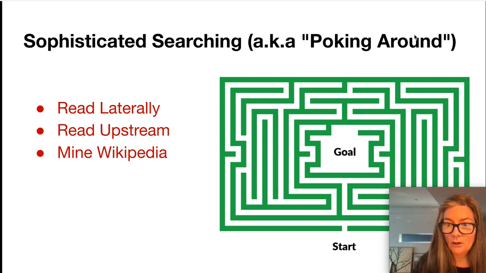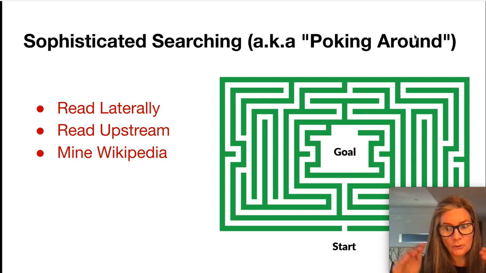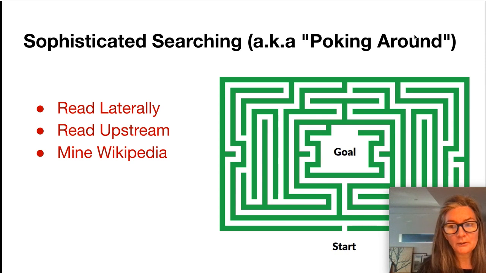That less scholarly information can lead you, if you follow it through, to the scholarly articles that you must have in your works cited list. Many of the things that you're going to start finding will not make it to your works cited list because they will be websites or Wikipedia articles. Those will help you get to your final goal, which is your scholarly sources.